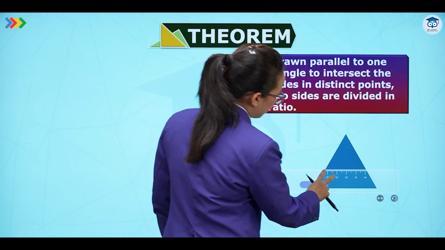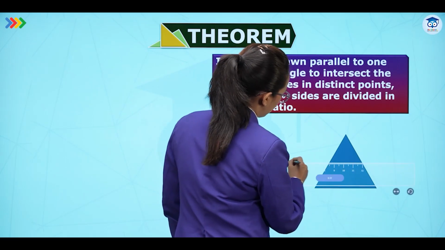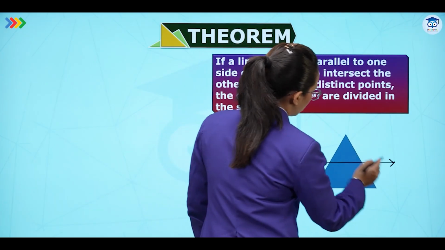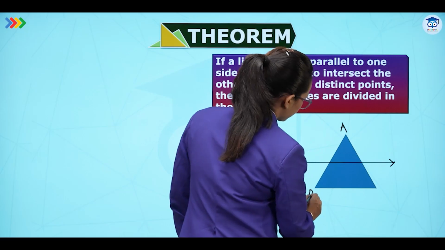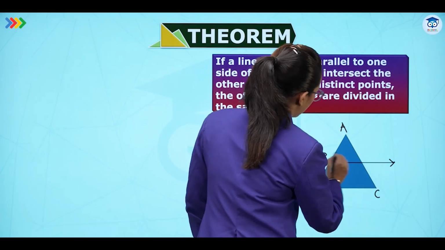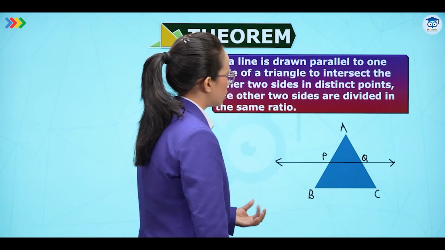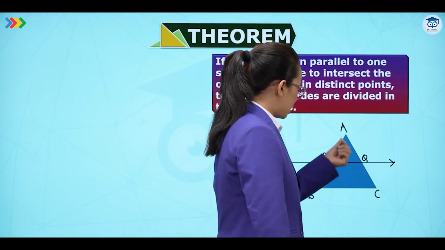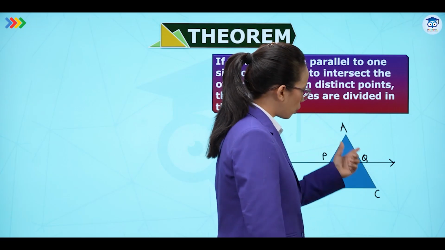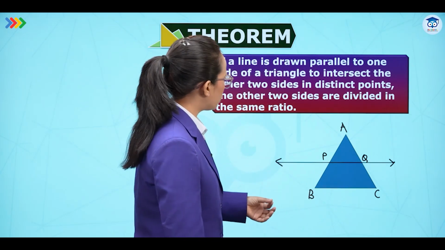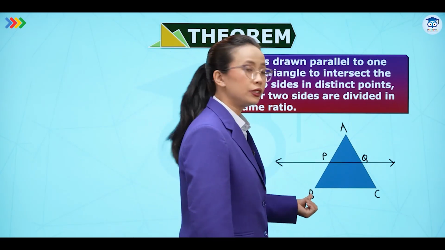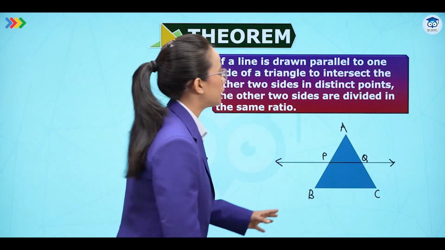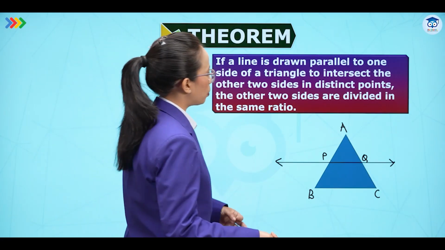Suppose this is triangle ABC and these are P and Q. PQ is the line drawn parallel to the third side at distinct points P and Q. P is the point on side AB and Q is the point on side AC. Then we are going to prove that AP upon PB is equal to AQ upon QC. That is nothing but the Thales theorem, known as the basic proportionality theorem.